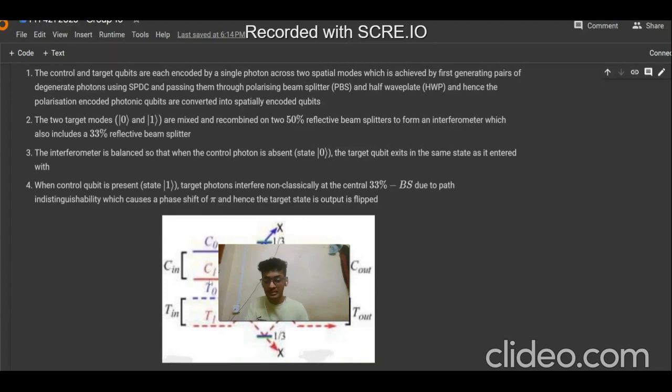So as we can see, if the C1 is 1, then the target qubit which comes here interferes with the C1, and T1 becomes T0 and T0 becomes T1. So that's how the CNOT happens. But when the control qubit is 0, the target qubit doesn't face any interference, so it remains in the state as it was.